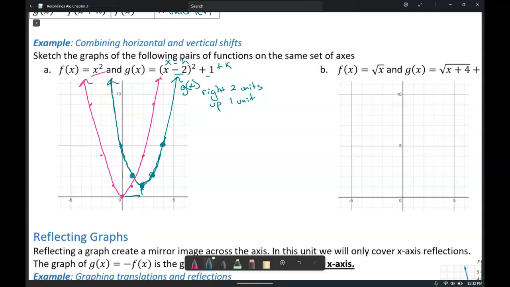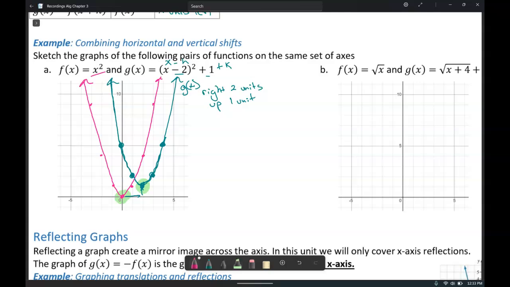Now, the benefit of understanding transformations really comes into making our lives easier when we're trying to graph our functions. Because before, we had to find enough x and y values until our pattern took shape. And we were always kind of looking for where that starting point was. Well, by using these transformations, we know where the starting point is going to be.